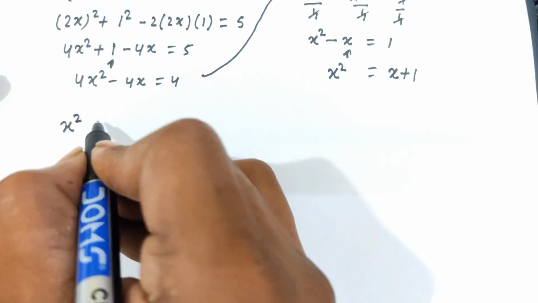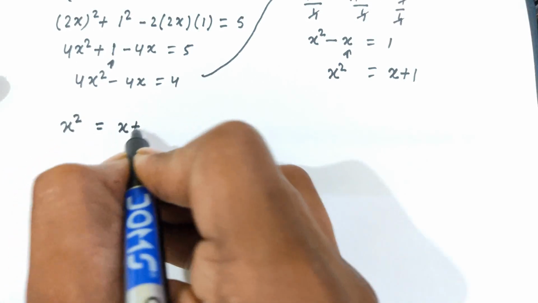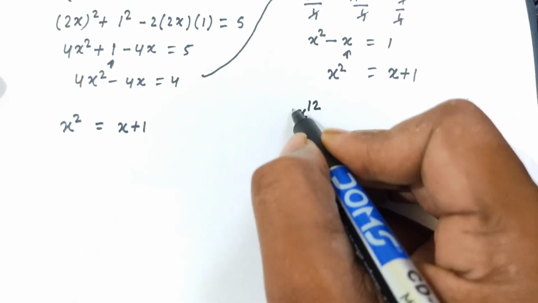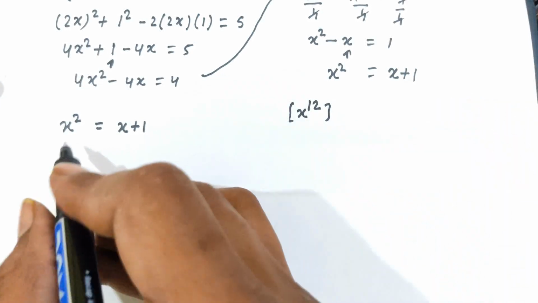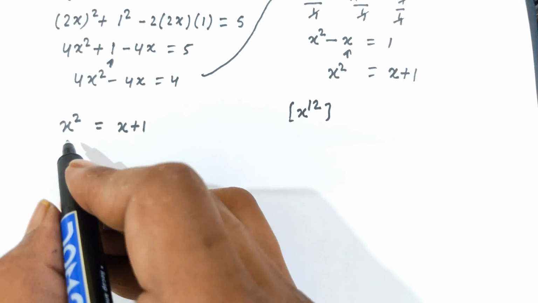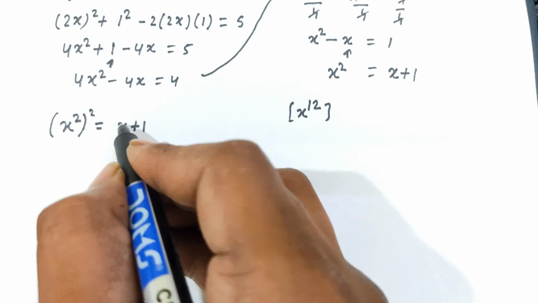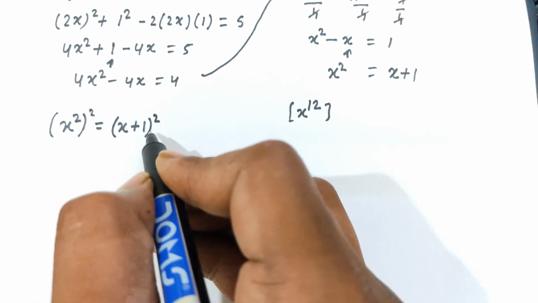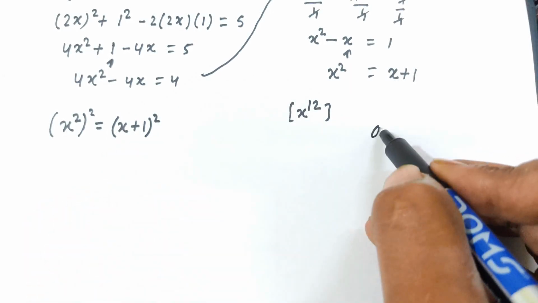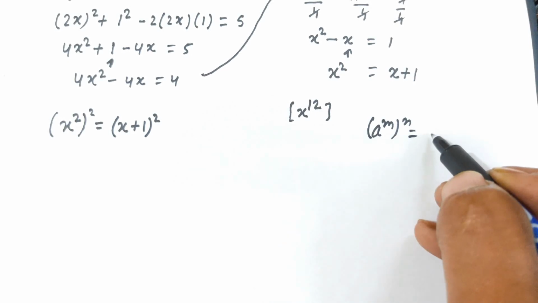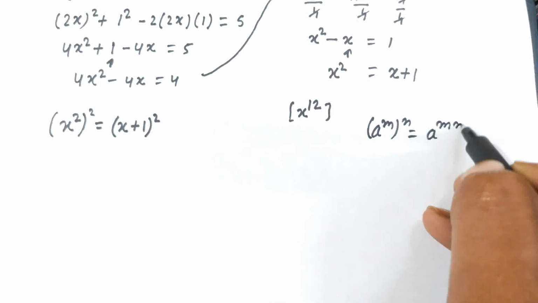x square is equal to x plus 1, and we know that we will find out the value of x power 12. So first we will find out the value of x power 4. But how? If we take square on both sides, then we know that (a power m) bracket power n is equal to a power m times n.